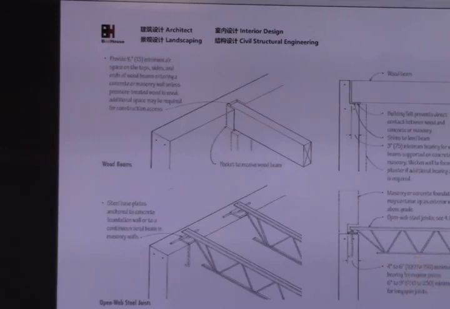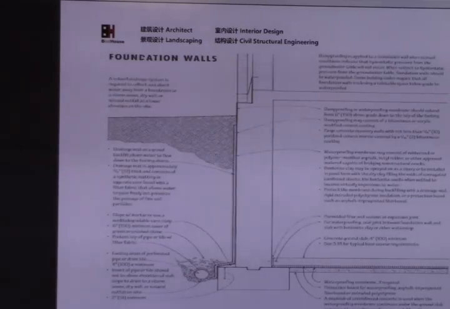That one can span more. This one sits on the concrete wall. This is just general speaking. Here is another kind of connection. It's very commonly used. That's still the foundation wall.